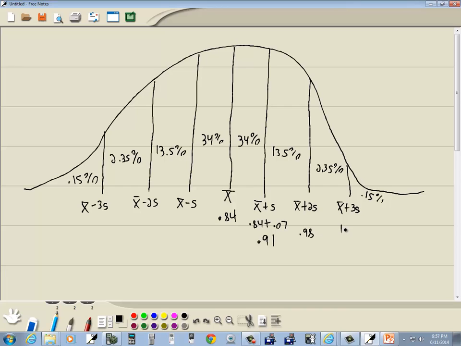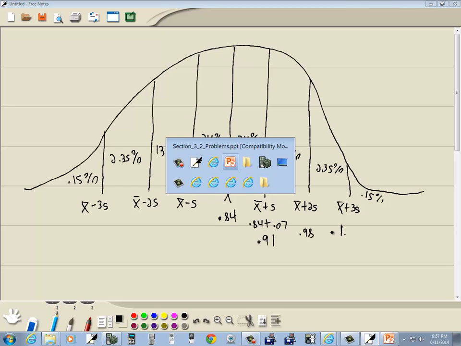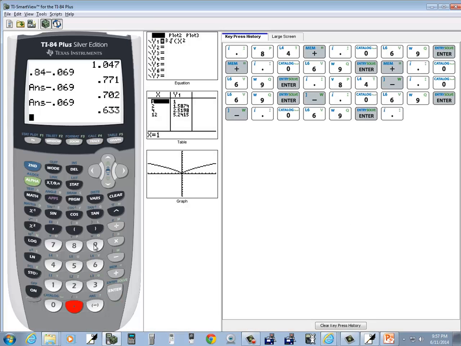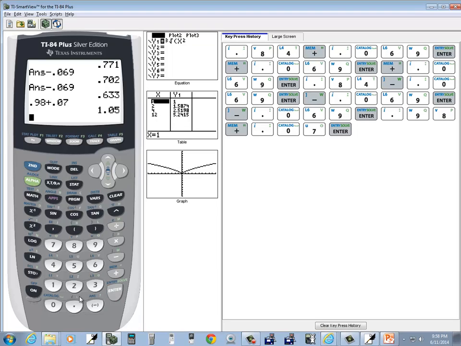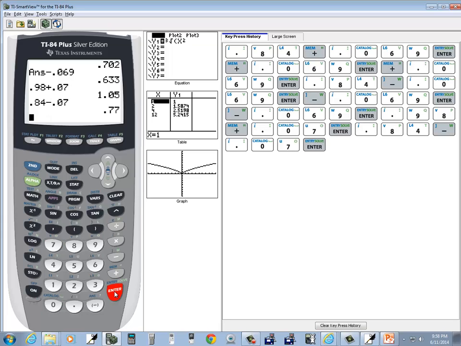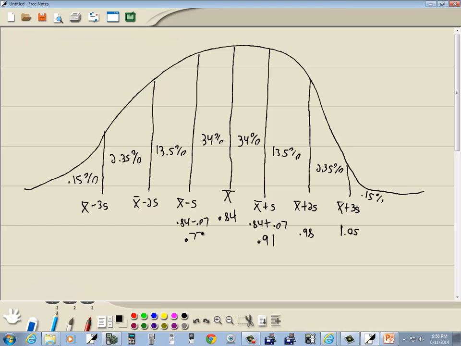Then I add 0.07 again, and that gives me 1.05. Then over here I want to keep subtracting 0.07. So 0.84 minus 0.07 is 0.77. Subtract another 0.07, we get 0.70, and this one would give us 0.63.